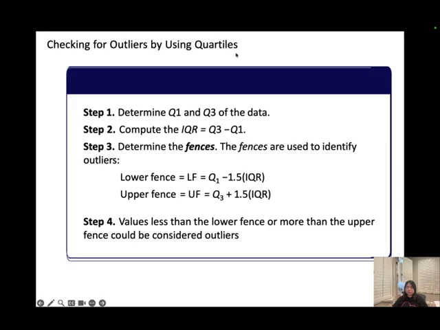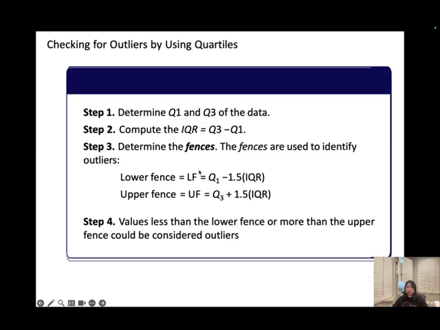If I have a data set, I want to determine if there is an outlier, so we're going to follow these steps. First, after you find Q1 and Q3, you find your IQR: Q3 minus Q1.